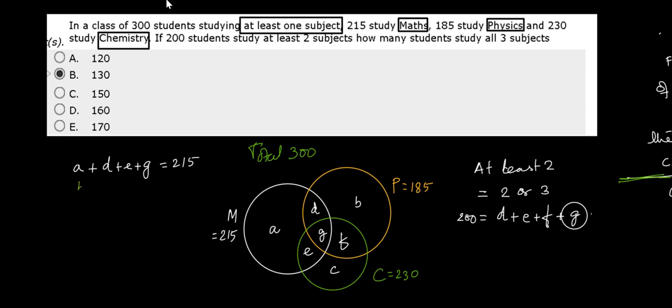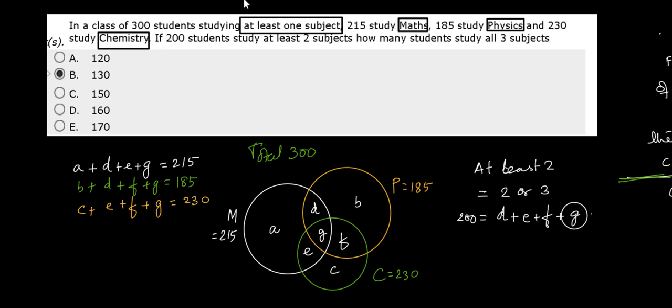Physics: B plus D plus F plus G is 185. Chemistry: C plus E plus F plus G is 230.